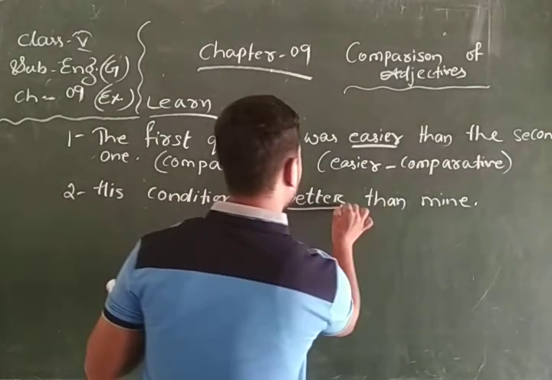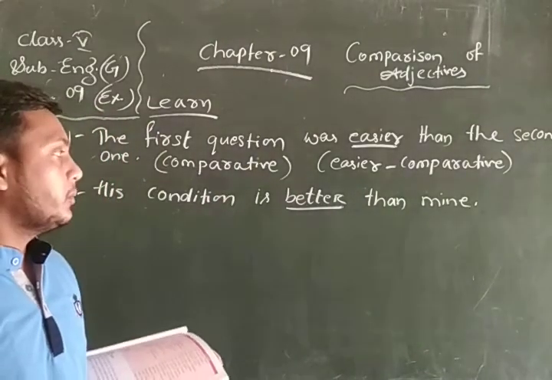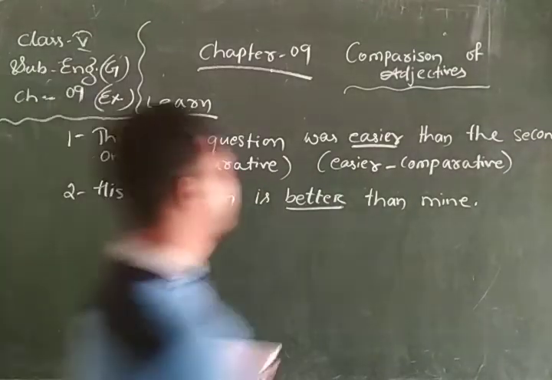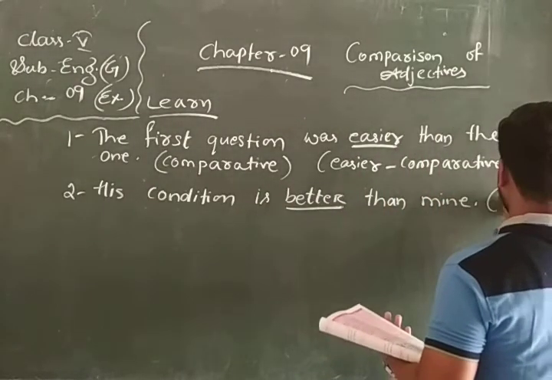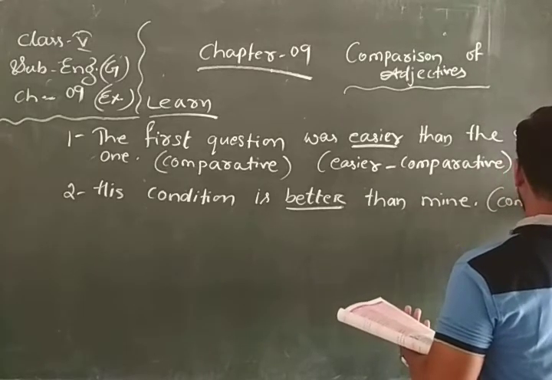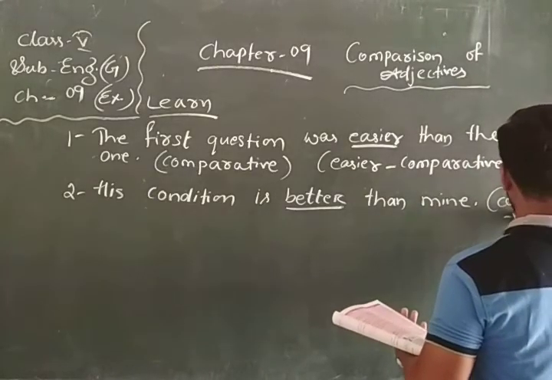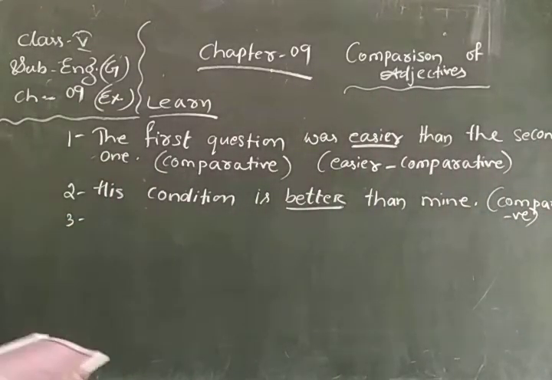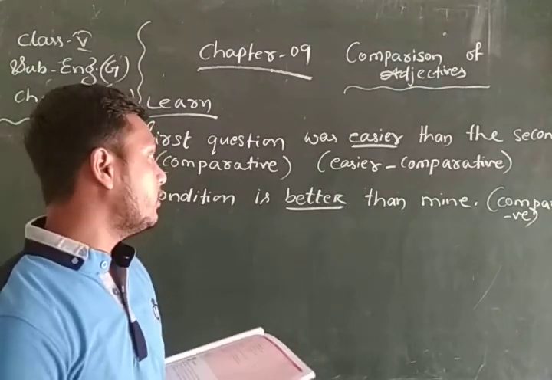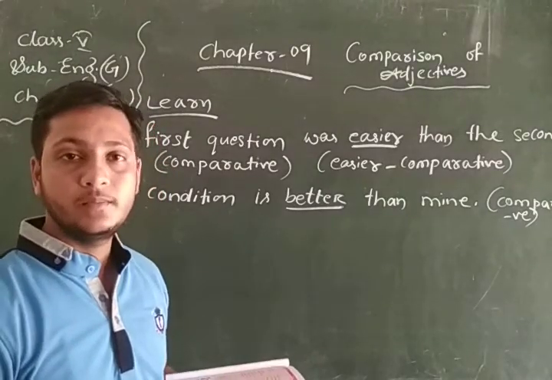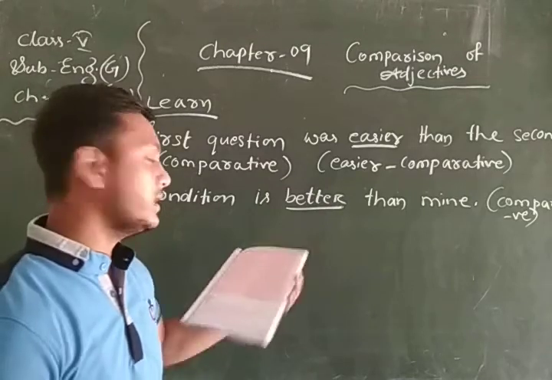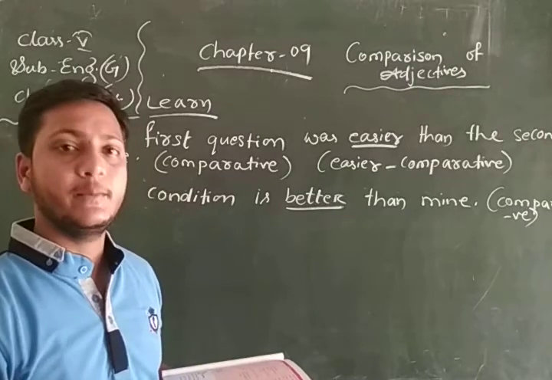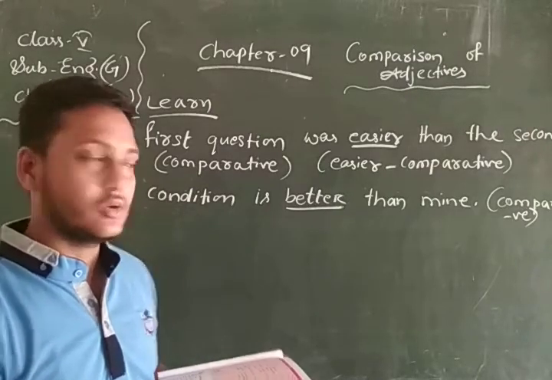Here better is the modifier, and it is the same comparative form, because the positive form of better is good, while the superlative form of better is best. Good, better, best.